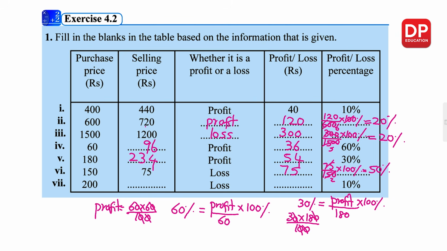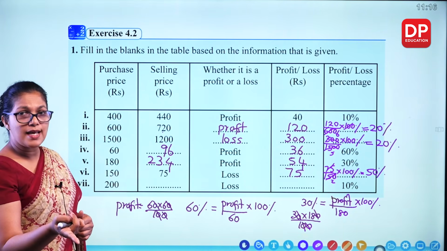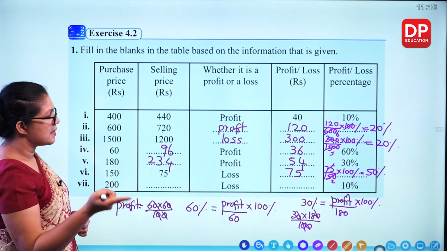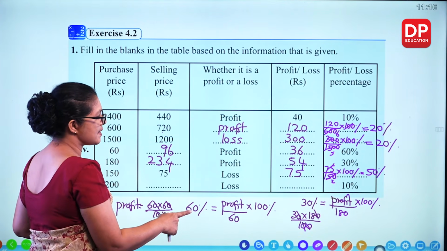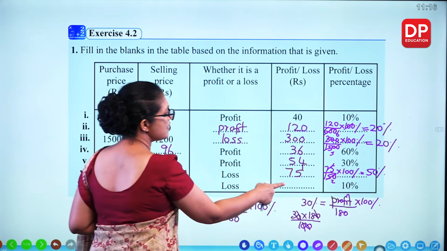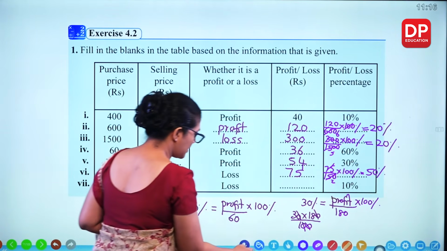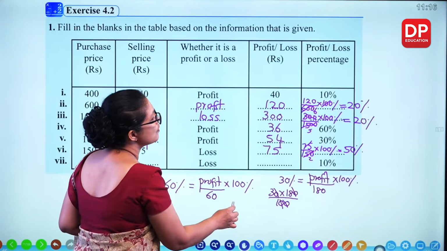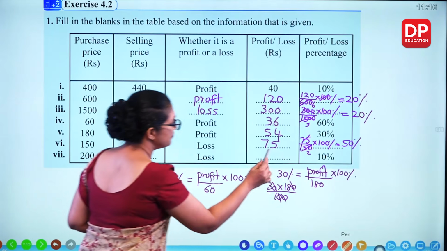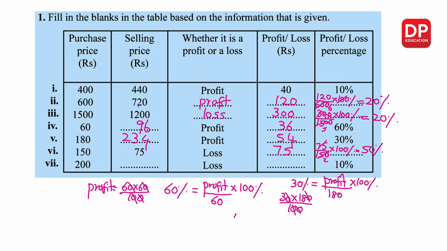Now the other way around, this one, percentage loss is given. So percentage loss is 10%. So how can you find out this value? 10%. We'll use the formula. 10% is equal to loss over initial value into 100.